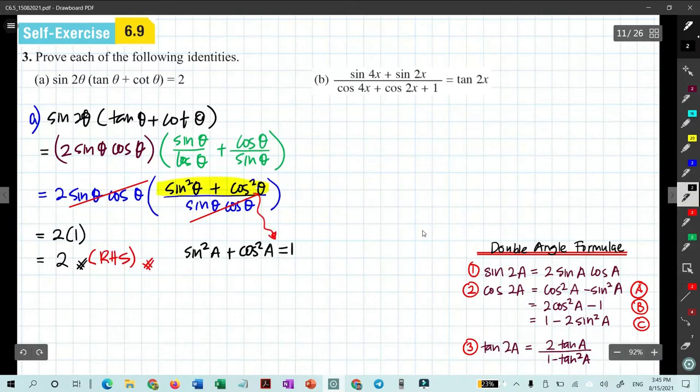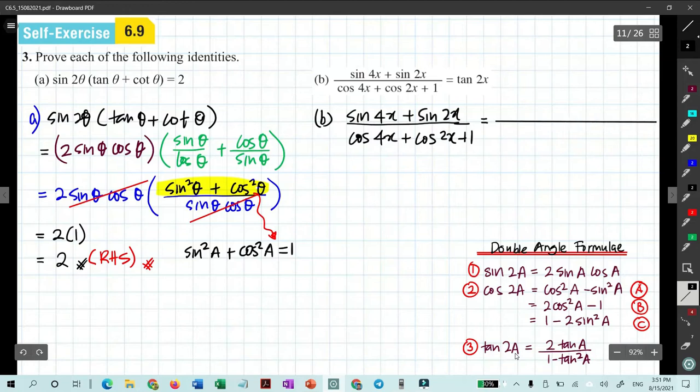Okay, now let's look at question B. And the complicated part is located on the left hand side. So let's take sine 4x plus sine 2x over cos 4x plus cos 2x plus 1.